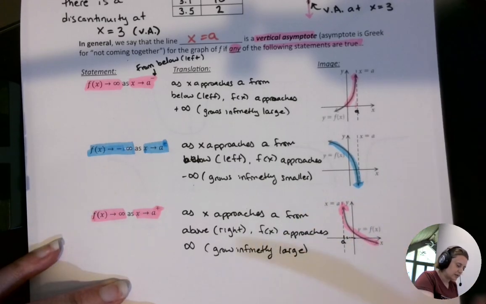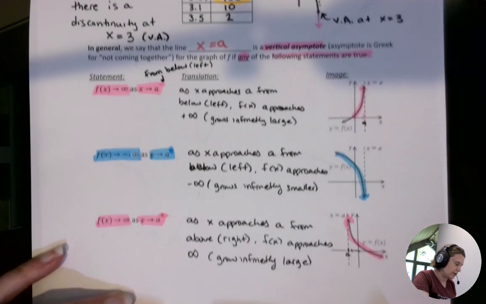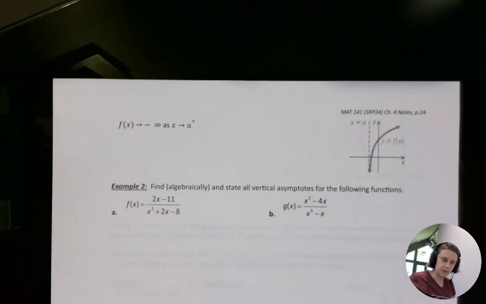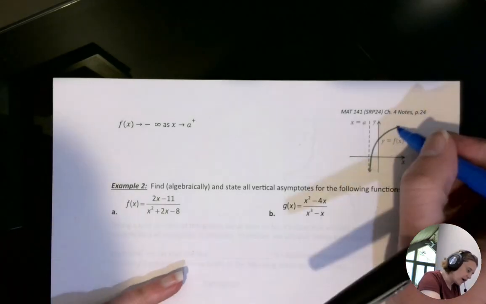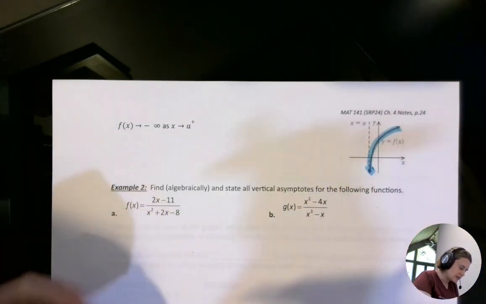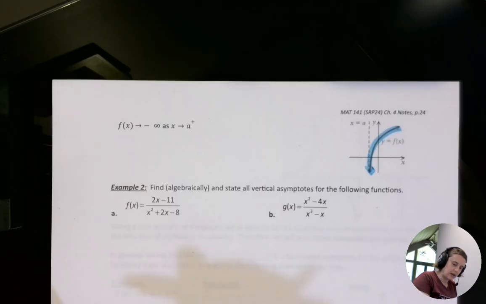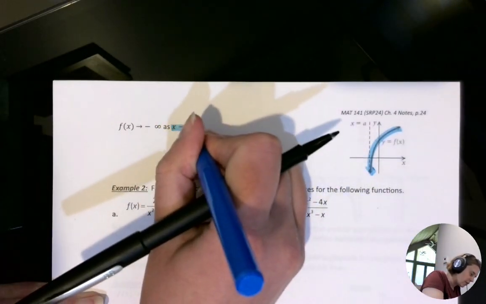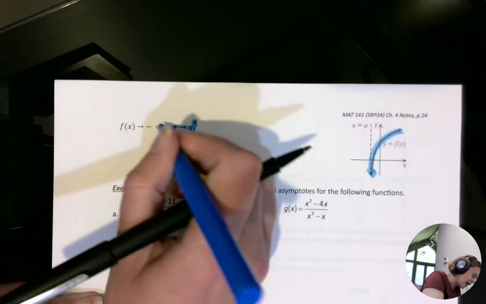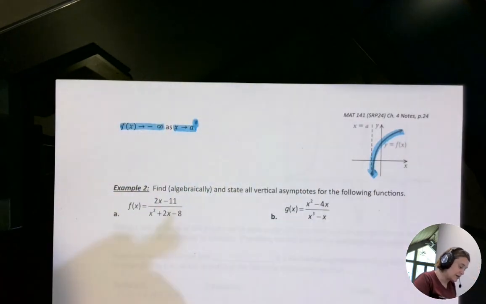And last, my page didn't print great here, so it's on the next page. Next, we've got the last case right here. Once again, x is approaching a from above, and f of x is approaching negative infinity.